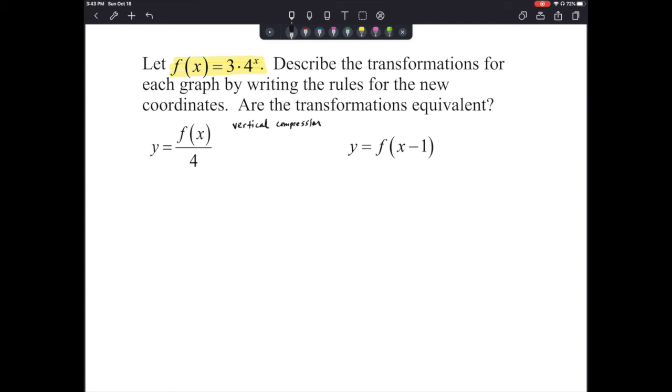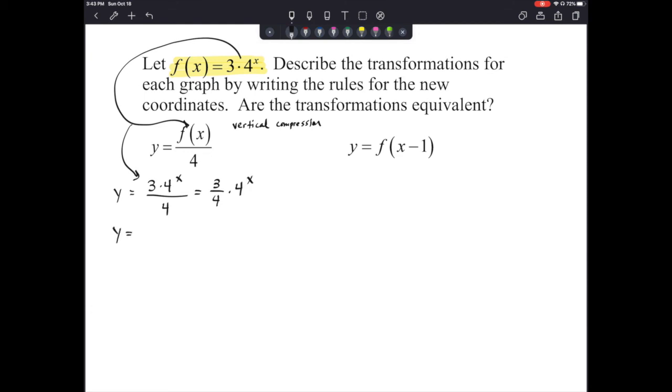If I wanted to think about it as dividing the whole thing by 4, I'm saying y is equal to 3 times 4 to the power of x divided by 4. I'm just substituting in this for that. So you see this down below now. Well, I could rewrite that as 3/4 times 4 to the power of x.